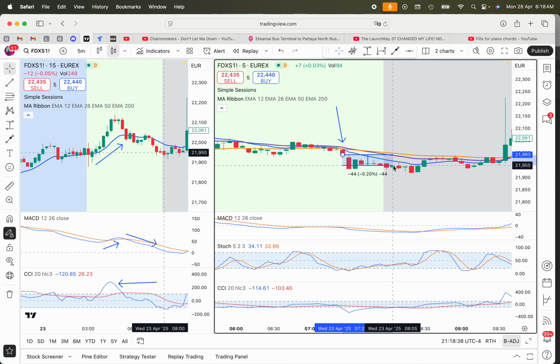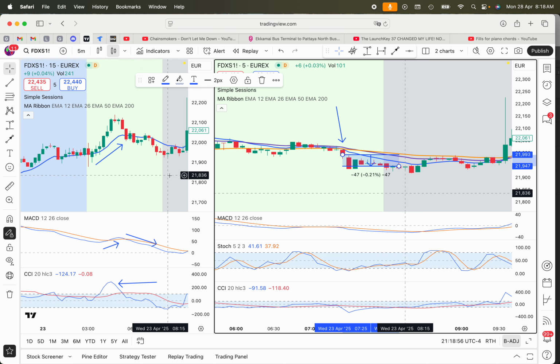So had I stayed in, I would have been going, you know what, it's really not doing anything. And right at this point here, I would have seen the CCI crossover and start to head back up, and that would have been a surefire way of me getting out, okay?